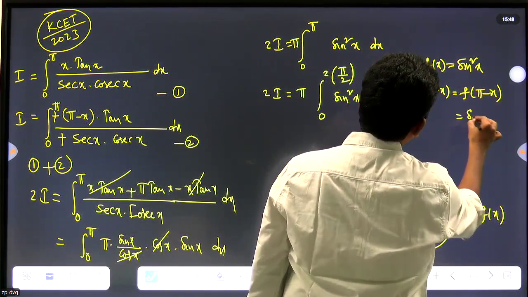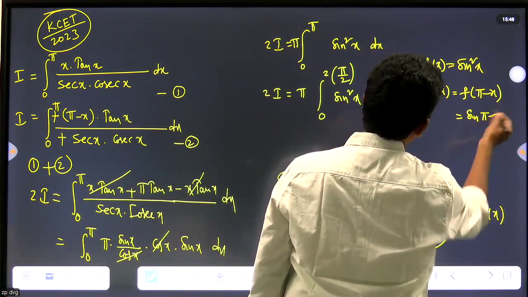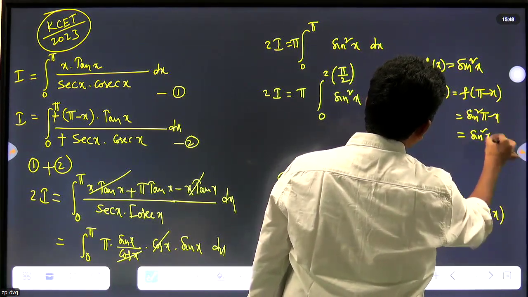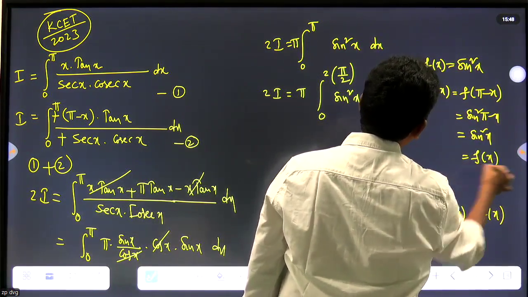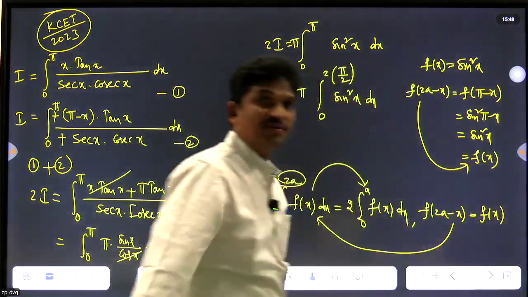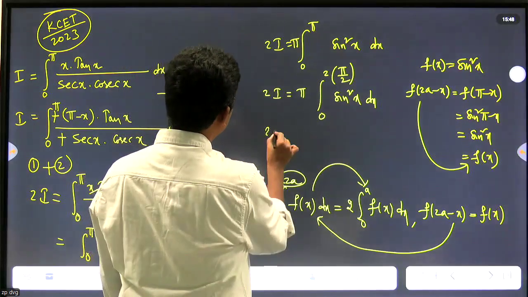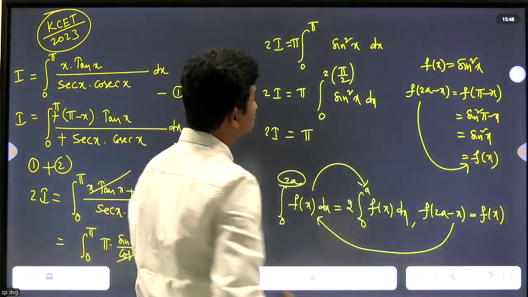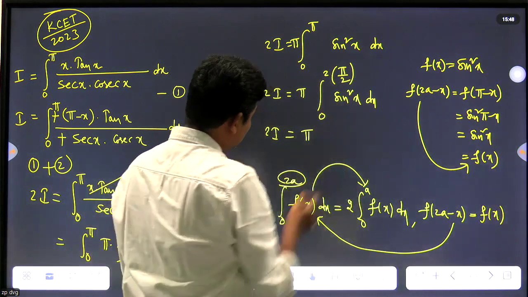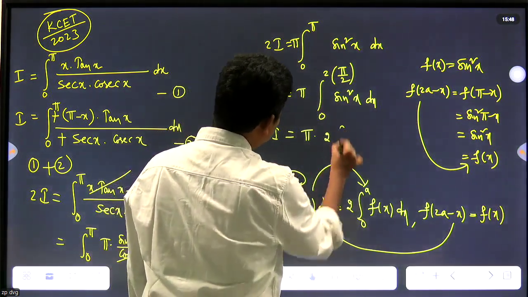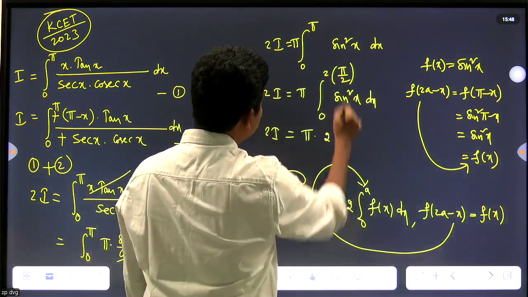So sin pi minus x whole square, right? Sin square pi minus x. This is sin square x. Sin square x is what? f of x. So f of 2a minus x is f of x, na? So 2I equal to pi into, this can be written as 2 into integral of 0 to a, what is a?